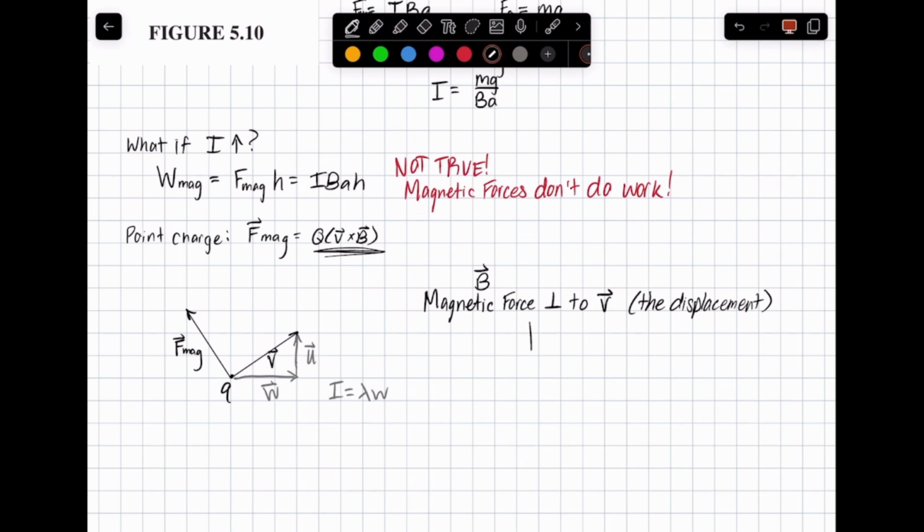So therefore, there is no work being done by B, by the magnetic field, because it is perpendicular to the displacement.